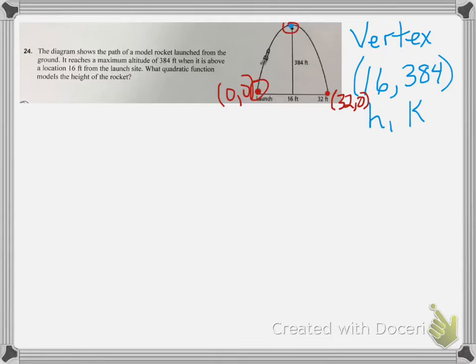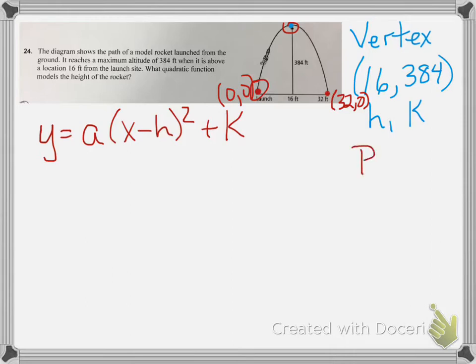Okay, so we're going to use this point right here with our vertex up here. Okay, again, y equals a times x minus h squared plus k. Okay, and we're going to use our extra point over here. Our point is 0, 0. That is our x and our y. So let's do some substitution here.